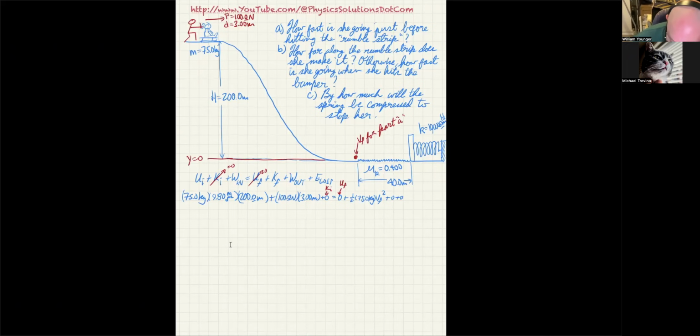So with this in mind, I'm going to go ahead and compute these numbers. 75 times 9.8 times 200 is equal to 1.47 times 10 to the fifth joules plus 300 joules is equal to 75 times 0.5, which should be 37.5.